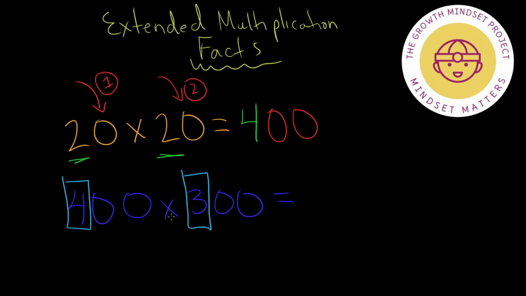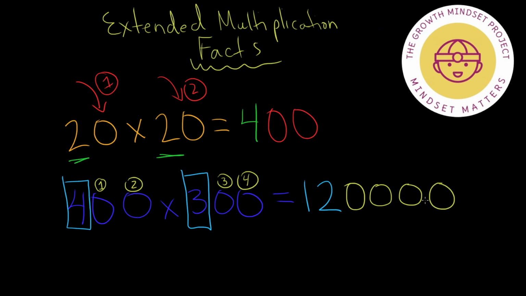Well, what is 4 times 3? Well, 4 times 3 is 12. Okay? 4 times 3 is 12. And now let's count our zeros. We have 1, 2, 3, and 4. So I need to add 4 zeros to my product. So let's do it. 1, 2, 3, and 4, which gives us an answer of 120,000. Okay, 120,000.